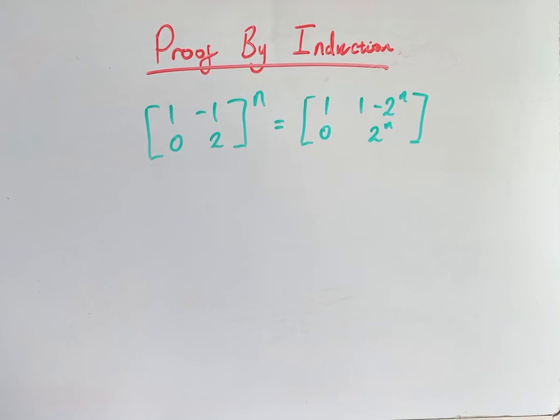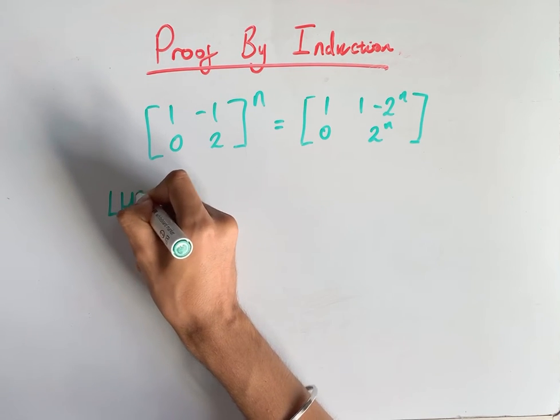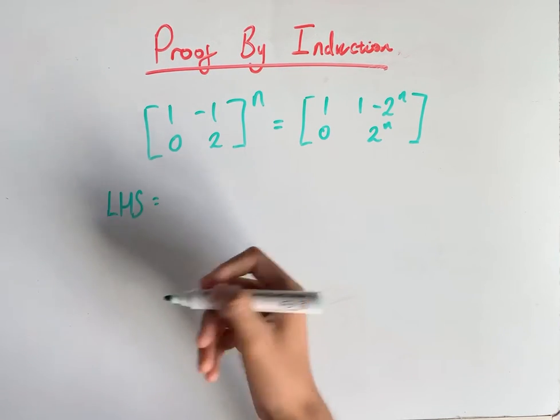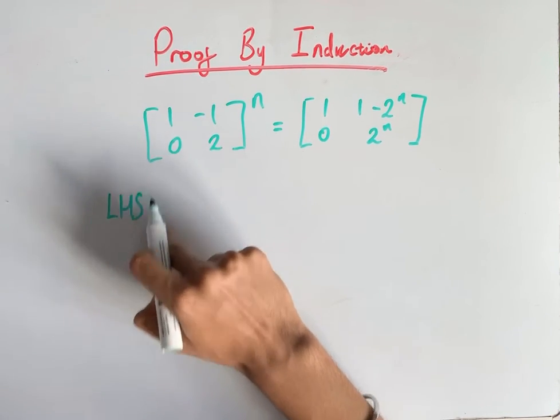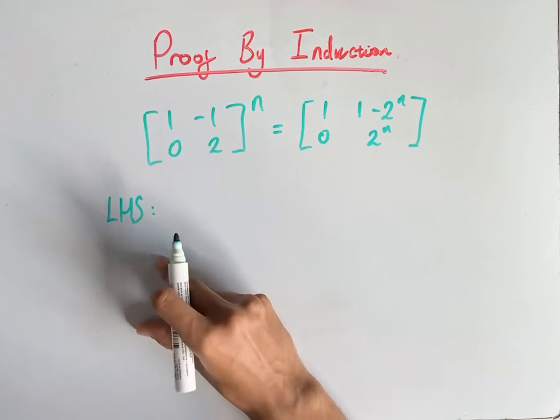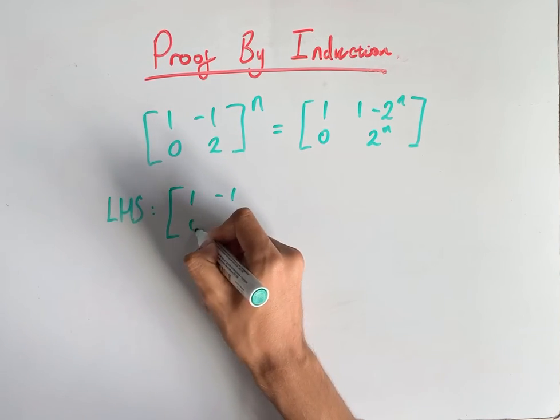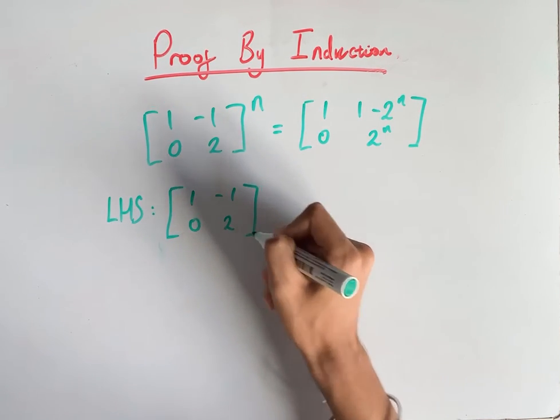Well, first we need to have our basis, so we will try and prove this for n equals 1. So if we evaluate the left-hand side at n equals 1, you end up with this matrix to the power of 1, which is just the same as the matrix. So you get 1, minus 1, 0, and 2.